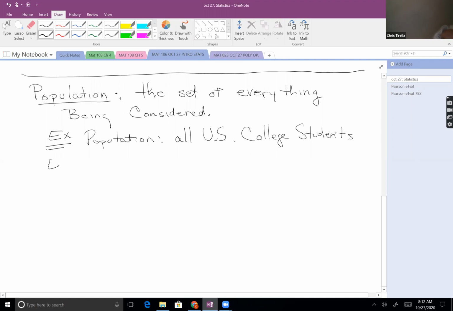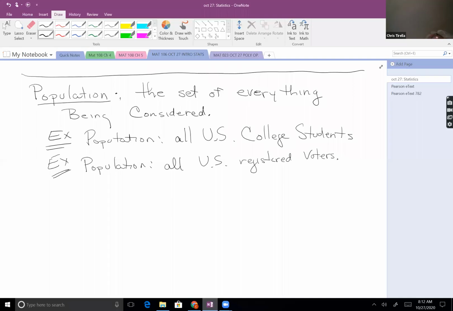Another example of a population that you see them trying to get to regularly, if you look at any type of media, might be all American registered voters. When they try to say something about the electorate, the population they're dealing with is everybody registered to vote.